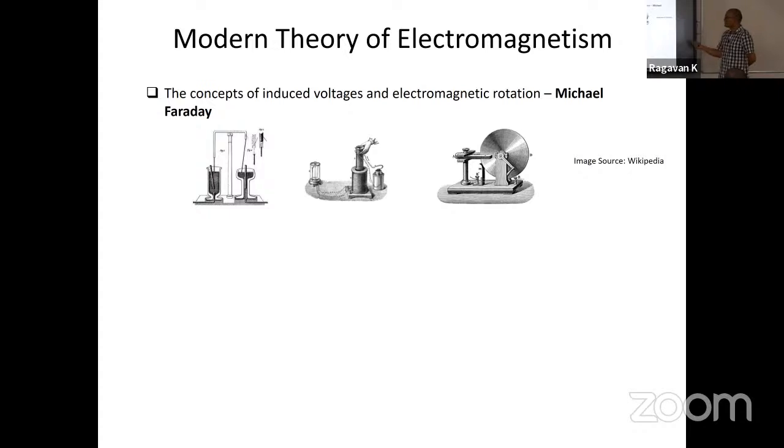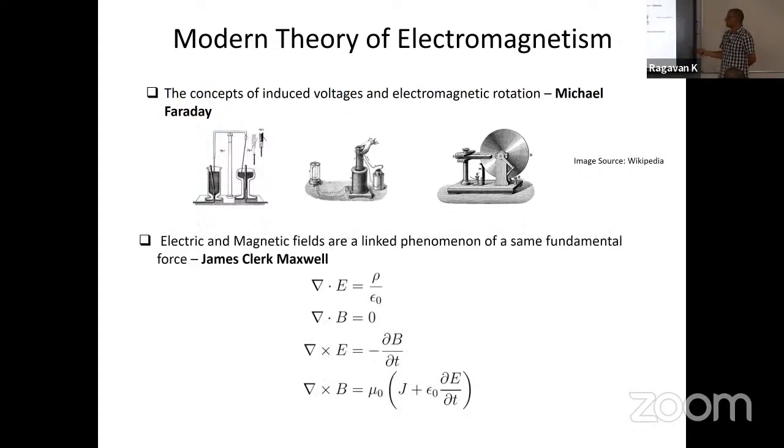After his publications, Maxwell proposed that both electric and magnetic fields are subcomponents of some fundamental force, and gave his set of equations that have finally brought us to where we understand electrodynamics now. Just quickly, we'll go through these equations.